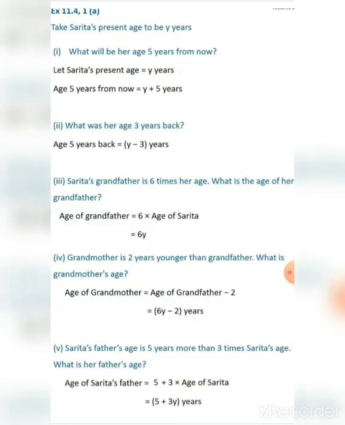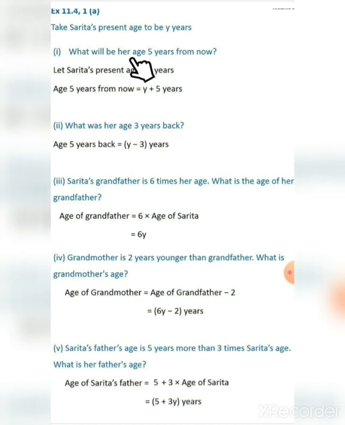First question is, take Sarita's present age to be Y years. Sarita is a girl. Her present age is Y years. What will be her age 5 years from now?